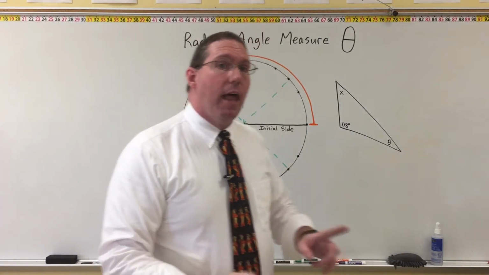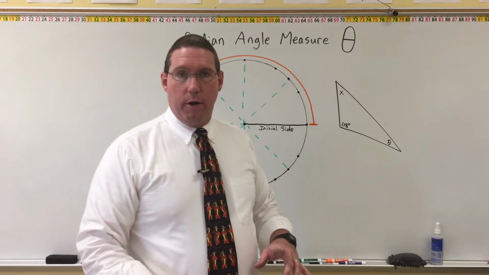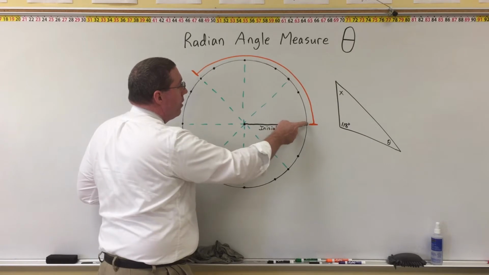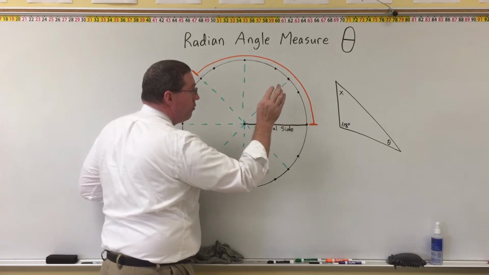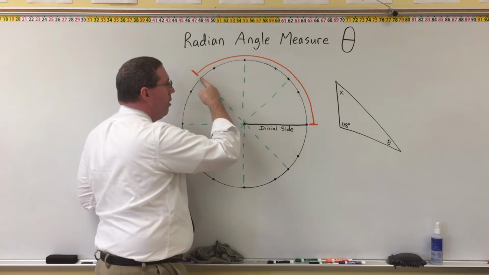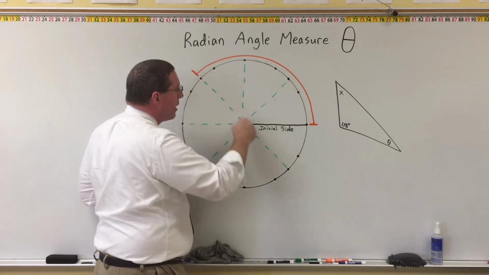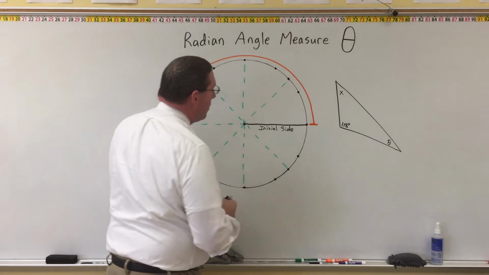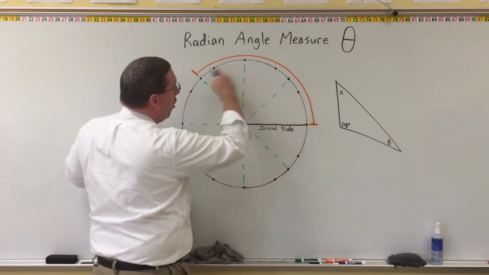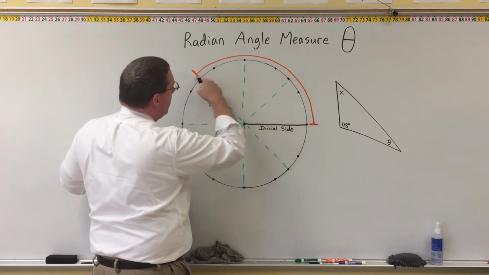Now, it is very likely that you have already learned in geometry that the degree measure of the outside of the circle is equal to the central angle that is created by that arc. So, this arc that starts here and ends here.